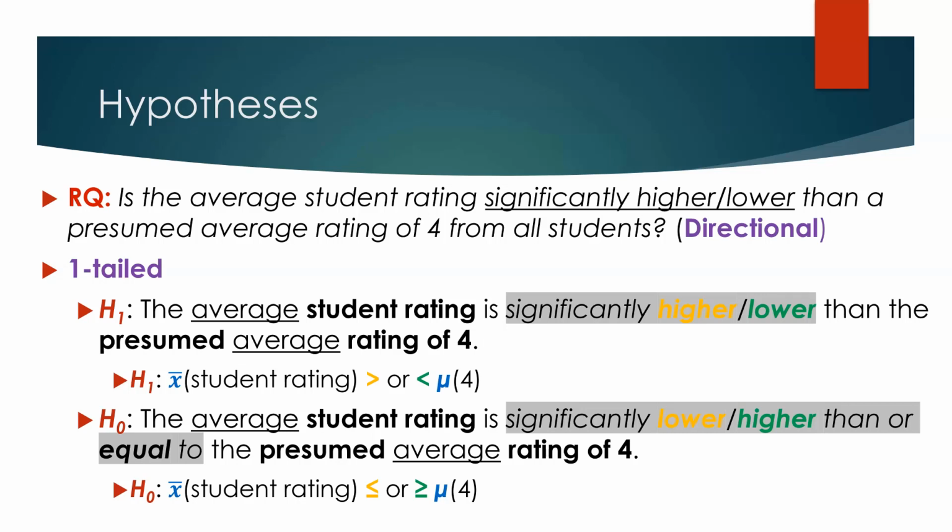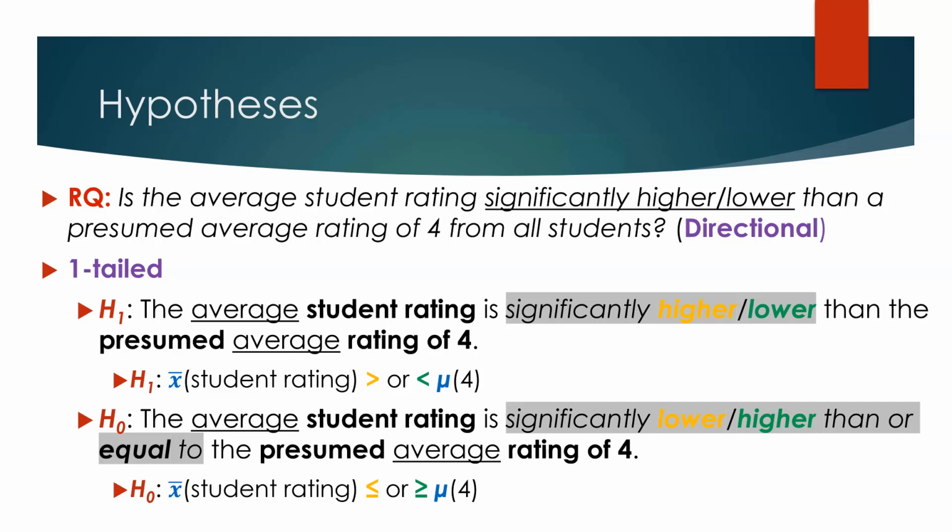And remember, with the directional hypothesis, the null hypothesis is going to specify the two ways that the alternative is not true. So the sample mean cannot be higher than the population mean if the average student rating is significantly lower than or equal to the presumed average rating of 4.